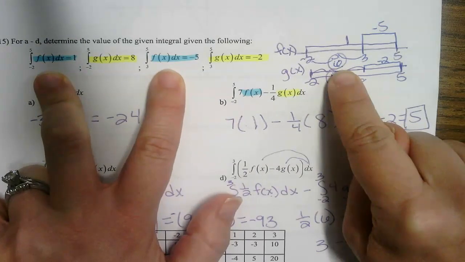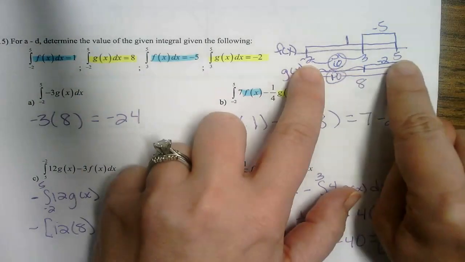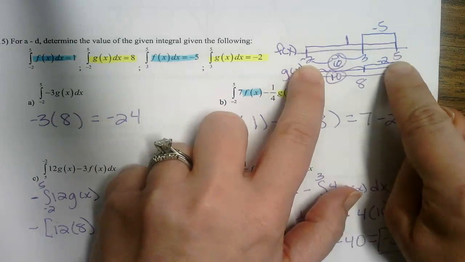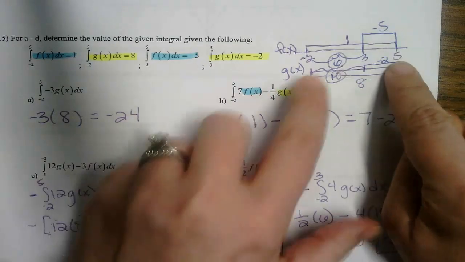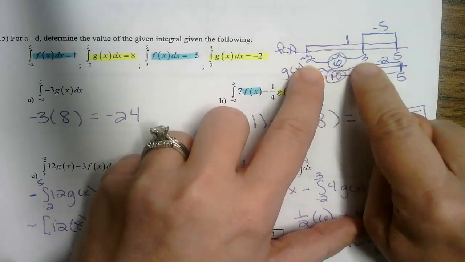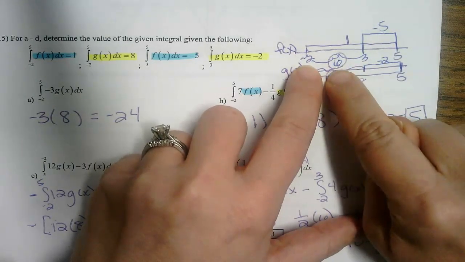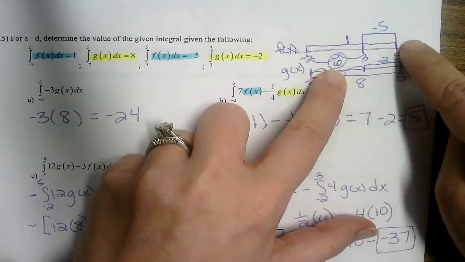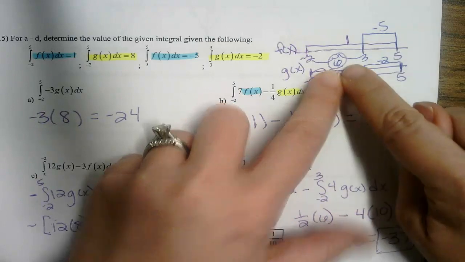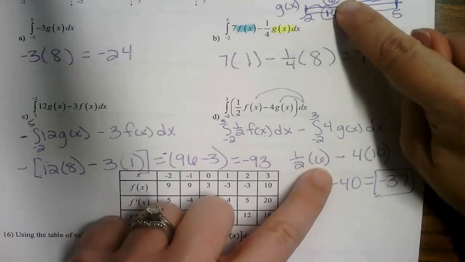The information that they gave me from -2 to 5, the whole thing is 1. From 3 to 5, it's -5, which tells me that if I want from -2 to 3, that has to be 6, because 6 plus the -5 is going to give me 1 for the whole part. So you kind of got to think in reverse on that one. So that's how I plugged in 6 right here.